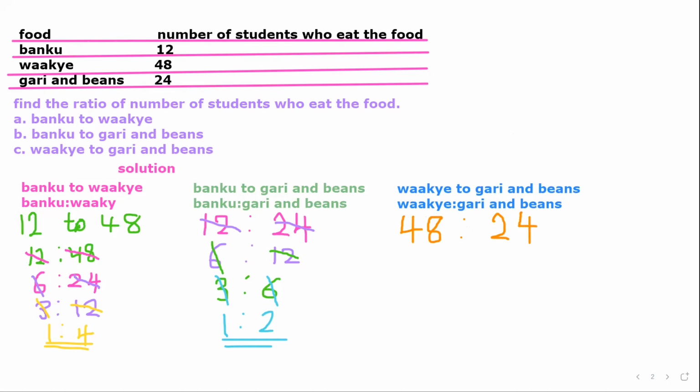So this ratio here is not in its simplest form, though that is the ratio, but you need to break it into its simplest form. Then you find a common number to cancel 48 and 24 at the same time. Because they are all even numbers, you start with 2, the minimum number here. 2 goes into 48 here, 24. Then 2 goes into 24, that is 12.